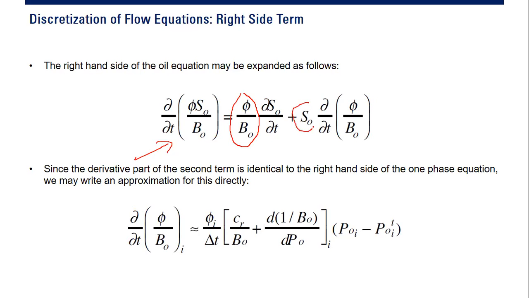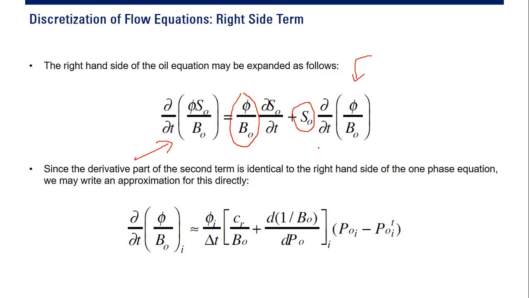So we have SO here, d/dt of porosity divided by oil formation volume factor. So that's how we expand the right-hand side. And since the derivative part of the second term is identical to the right-hand side of the one-phase equation, we may write an approximation for this directly.